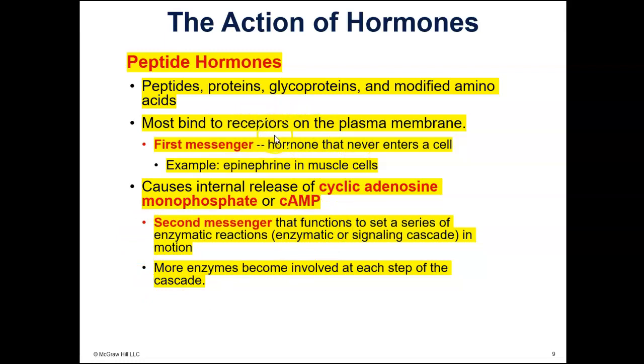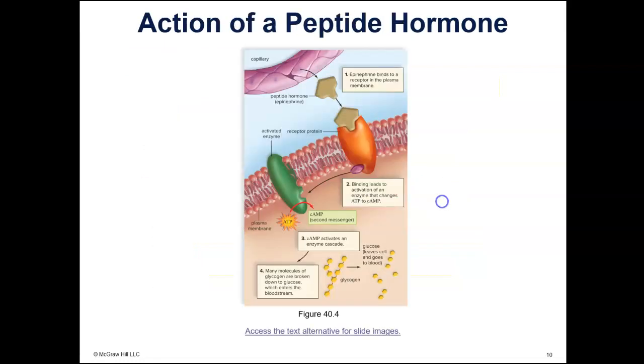So the hormone itself doesn't go inside of the cell. It just binds to a receptor on the outside of the cell. And we call that hormone the first messenger. And then it will cause the release of cyclic AMP, adenosine monophosphate. So that will serve as the second messenger. And then there'll be a cascade of reactions that happens after that.